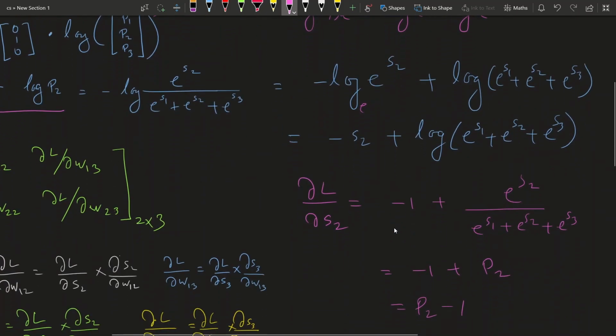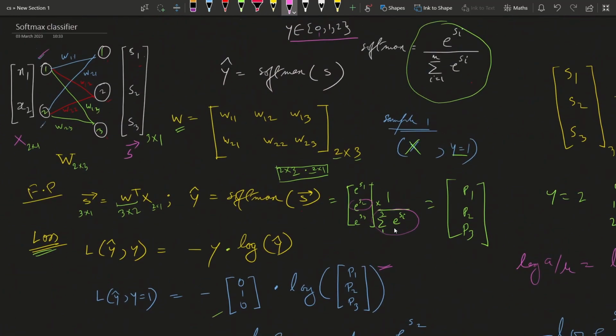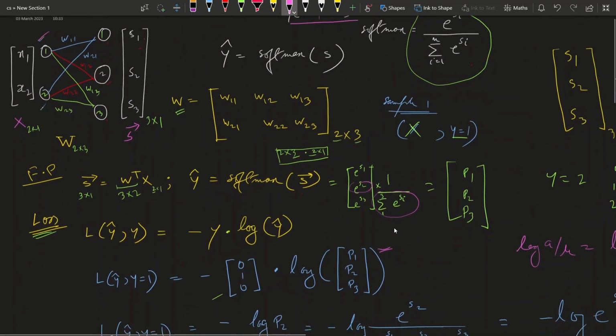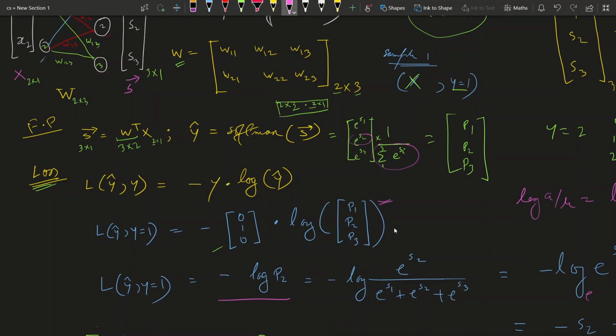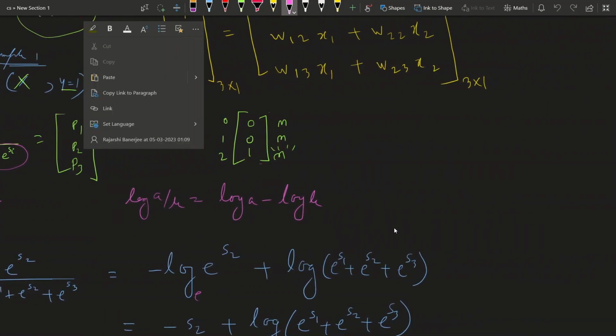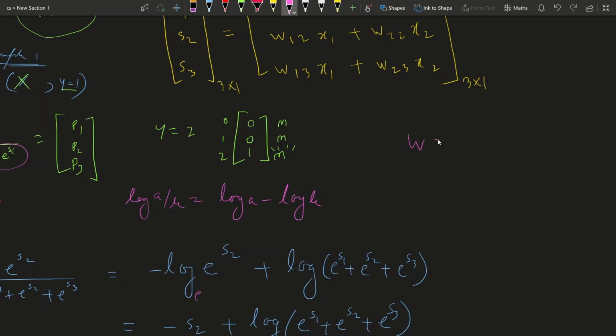Now we'll go to the gradients later, but before that, in any optimization problem, any neural network problem, if you want to optimize, you inevitably come to a step where you have to use the gradient descent algorithm, which looks something like this: you have your previous weight, and you update it by subtracting some learning rate times del L by del W, isn't it?